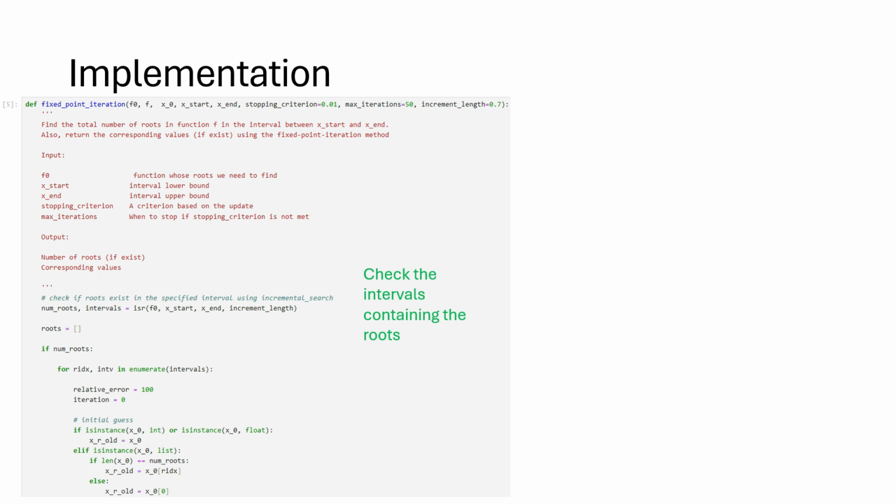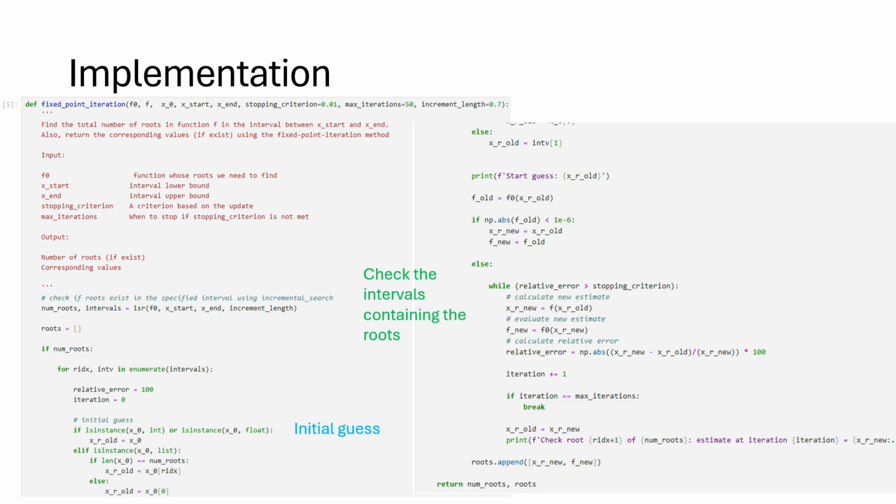Then we provide initial guesses. If a user-specified initial guess is not available, we use the intervals obtained from the incremental search to obtain an initial guess of each root.